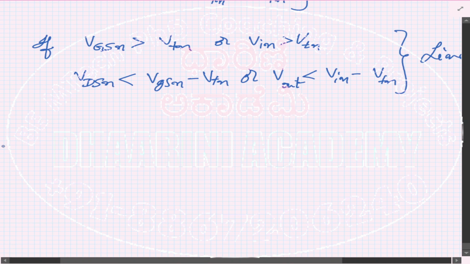Okay, then let's go to the third condition, that is if the VGS, gate to source of an NMOS, is much greater than VTN.